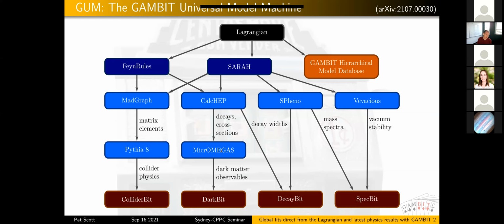We hook the new version of micrOMEGAs up to DarkBit, so this gives us a whole bunch of new dark matter observables that we can calculate for that particular theory. And via DecayBit, we also get the ability to use DarkSUSY to compute a whole lot of stuff for this new theory.